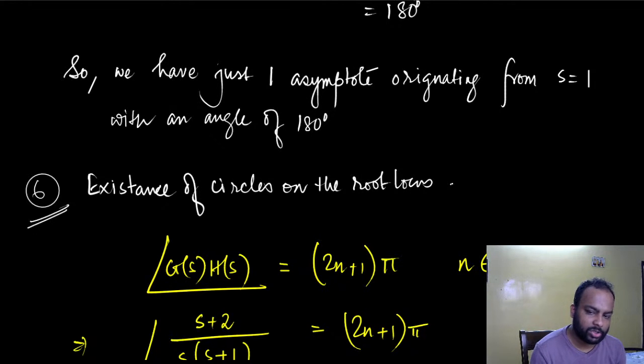This is again more of a construction rule rather than a rule that must be there, right? So there are certain rules that must be followed. For example, rule number 1 must always be followed. It says the root locus is symmetric about the real axis. That must always be true. Rule number 2 says that the root locus should start from here and end there. This part is on the real axis and everything, right?